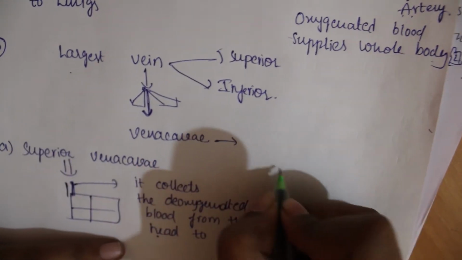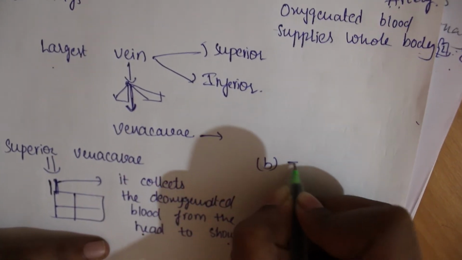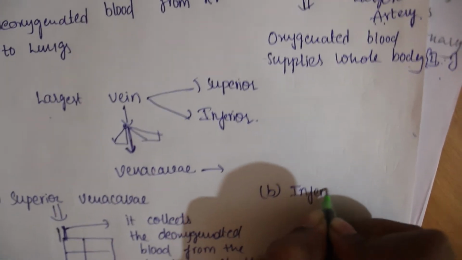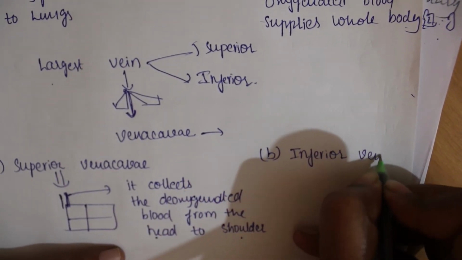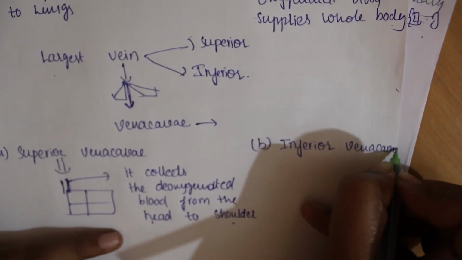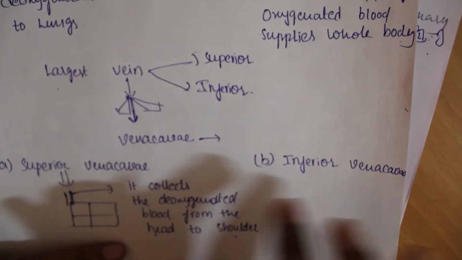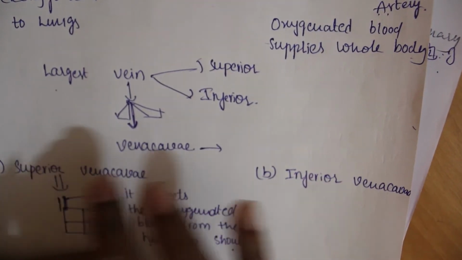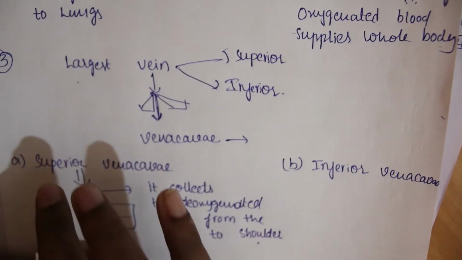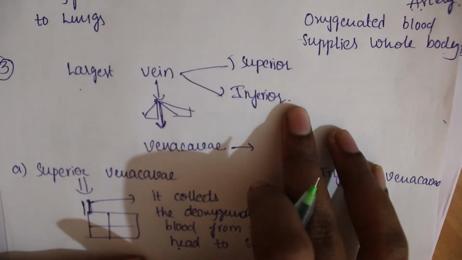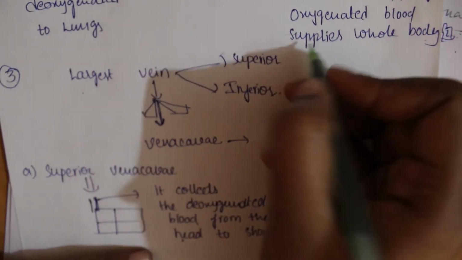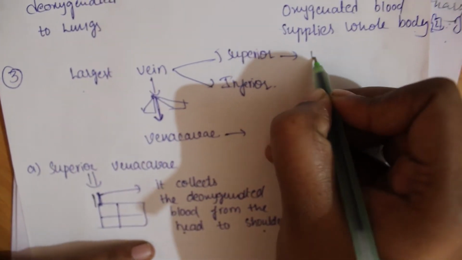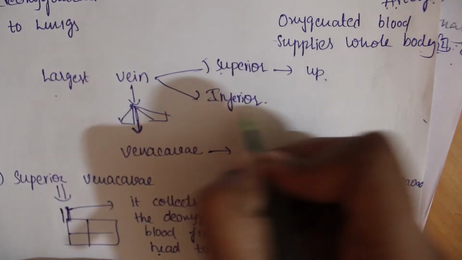Now move on to the second one, that is the inferior vena cava. What is the function of this inferior vena cava? As both the vena cavas are divided into two, due to the position of their presence, they are named the superior and the inferior. Superior means it is present on the upside, so it is called the superior.